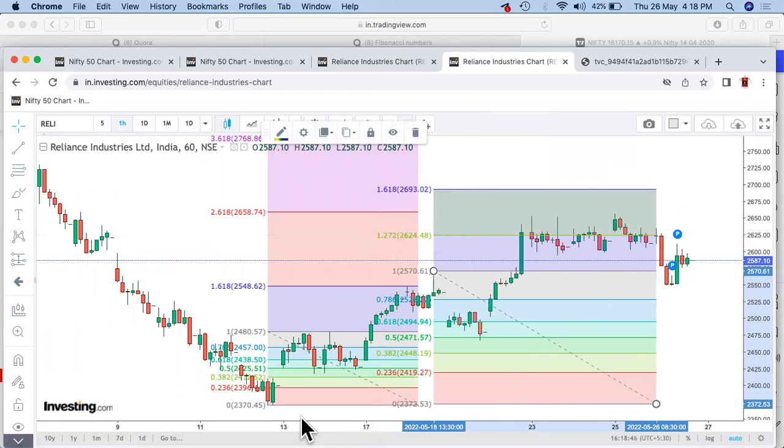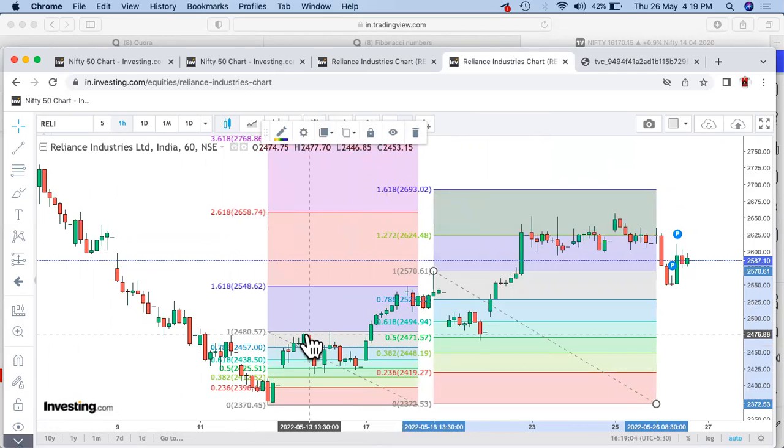Yes. So if we see on the first Fibonacci, we had a range which had been formed. The market did come up and then it went up, right? So you can consider this as one complete leg, and then this is the second retracement. This is something more of an Elliott wave principle.